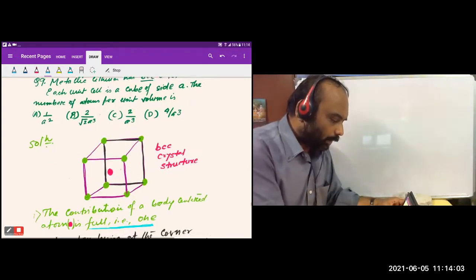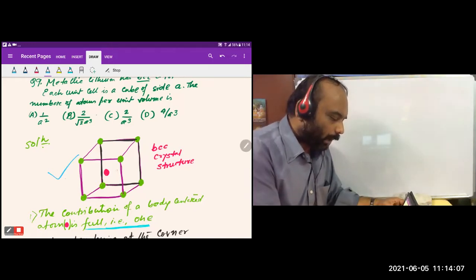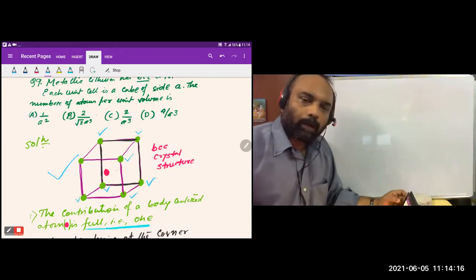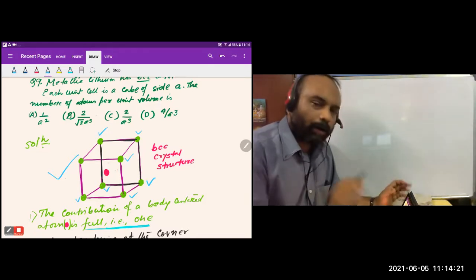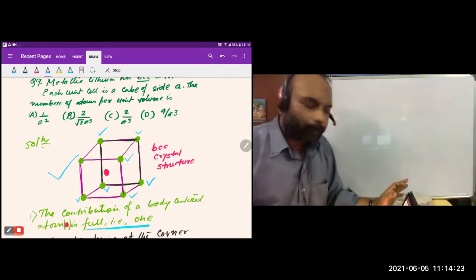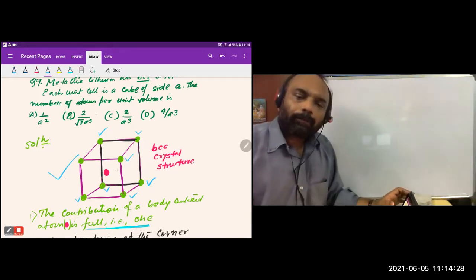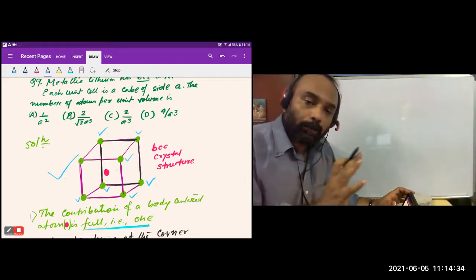So here is the BCC crystal structure. We have 8 corner atoms shown by green solid points, and the body centered one is shown by the red solid point. Now each corner atom is equally shared by 8 unit cells.